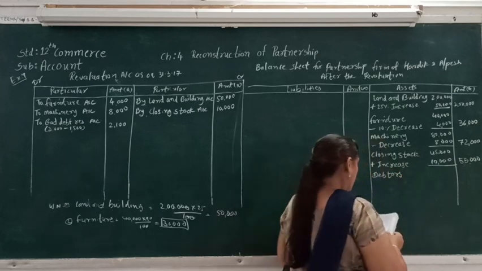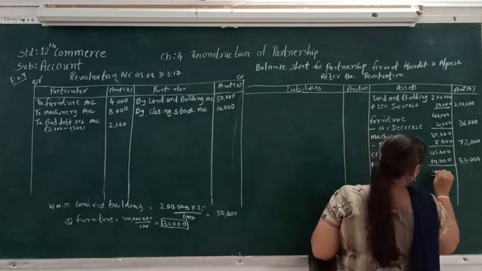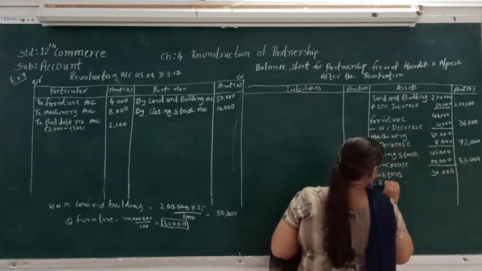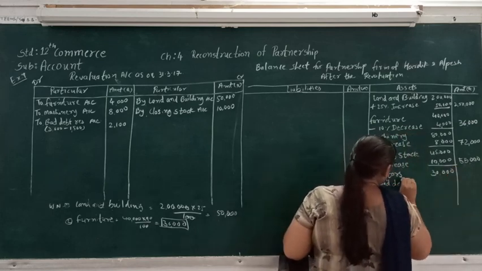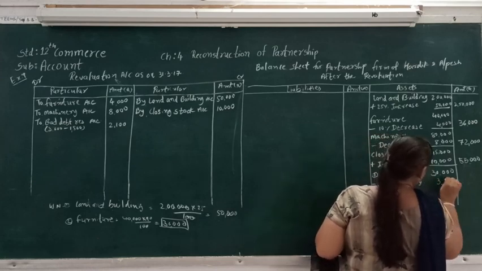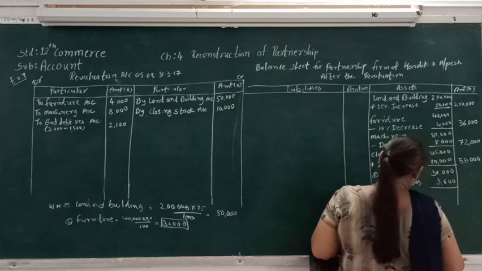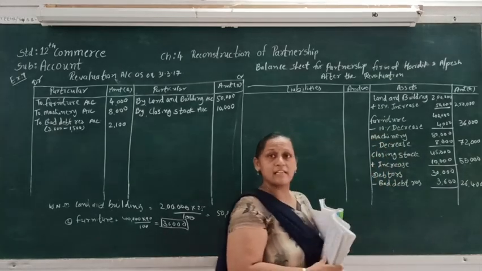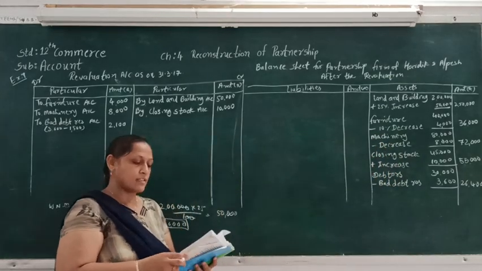Debtors is 30,000. From 30,000 straight we are going to deduct bad debt reserve of 3,600. So net of the debtors will be 26,400. So that is our net debtors.